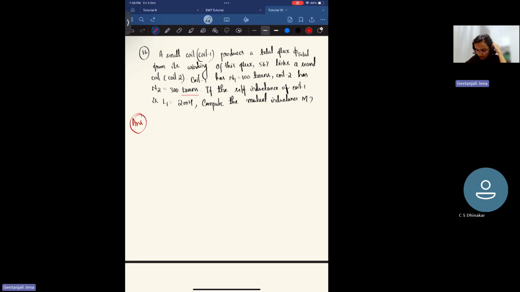Coil 1 has N1 equal to 100 turns and N2 is 300 turns. It is given L1 is 2 millihenry. L2 is not given to us and we need to calculate the mutual inductance for this case. The flux created is phi total and 56% of this phi total is linked to the second coil.